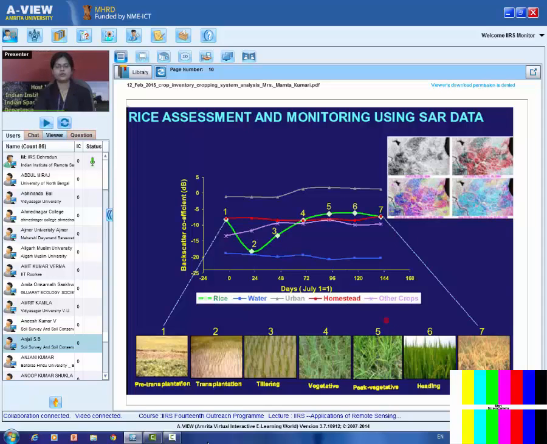In using microwave data, first there is a high value, then due to transplanting condition, water ponding condition, we have low, and then it increases with respect to crop growth stages. So this microwave or SAR data is being used for rice assessment as well as jute assessment in India. For other Rabi season crop, optical data are being used.